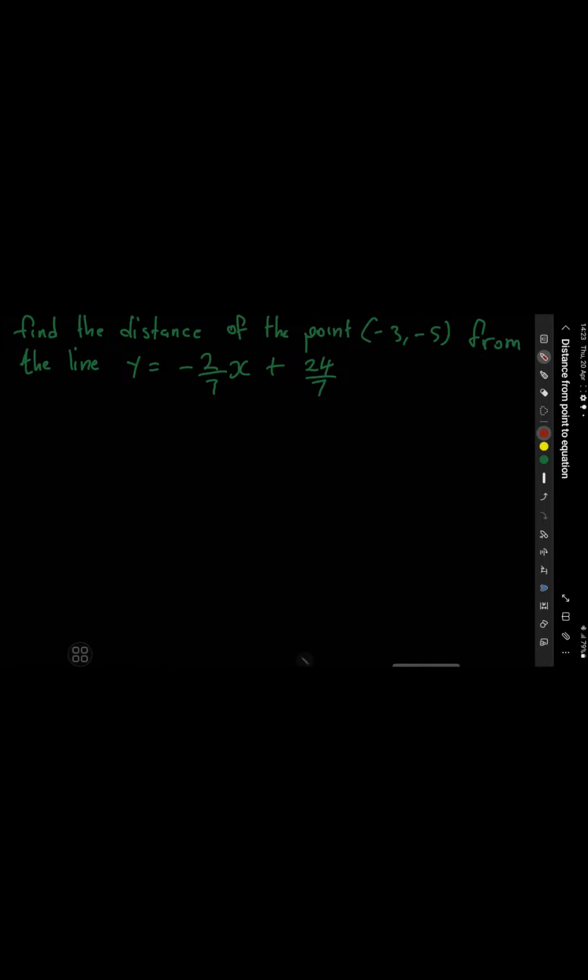So we can put up a diagram to illustrate this question. Let's put up our x-y plane. So we have our y, we have our x. The equation of this straight line will be maybe of this position there.